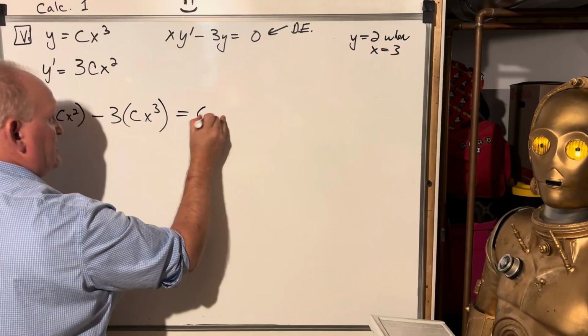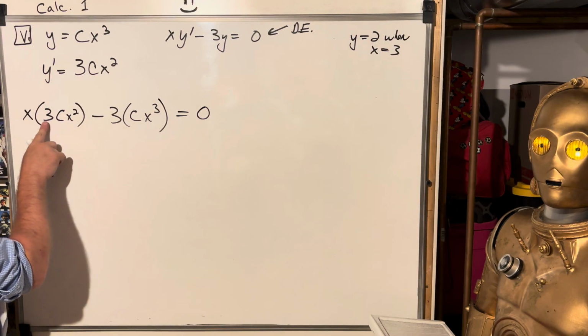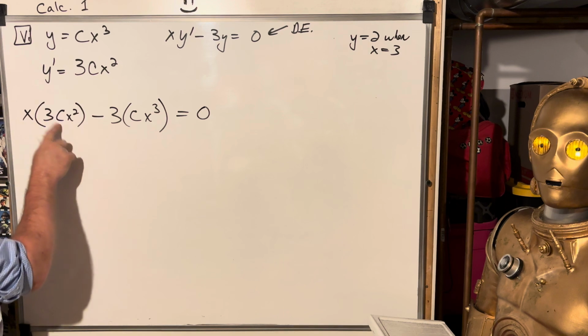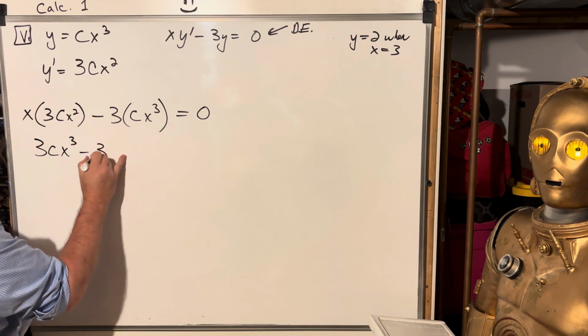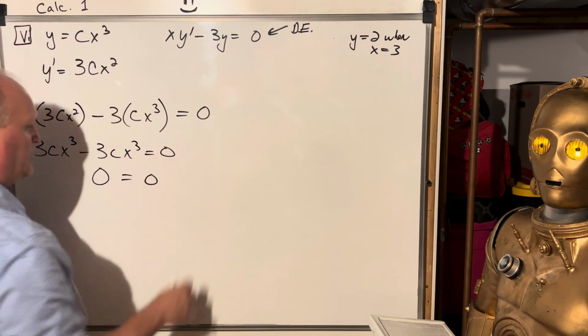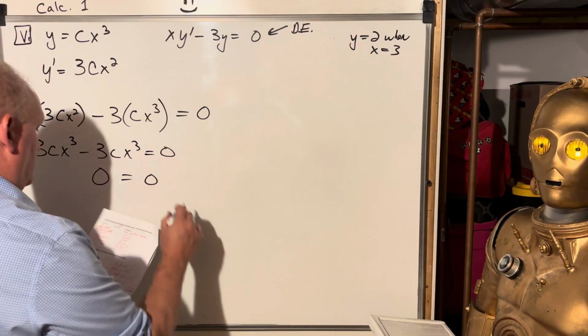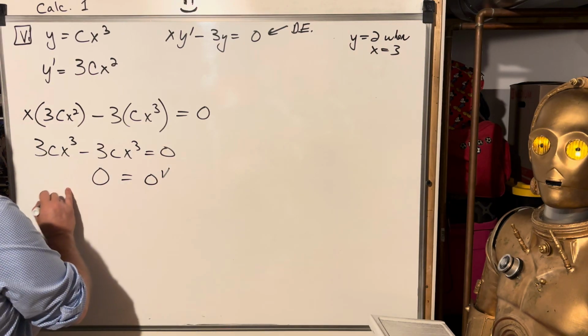Does that equal 0? So we need that to equal 0. So x times, remember there's no distributive property here, it's just x times 3 times c times x squared. So that's 3cx cubed minus 3cx cubed, which is 0. So 0 equals 0, that's confirmed. Check. So yes, it is a solution.